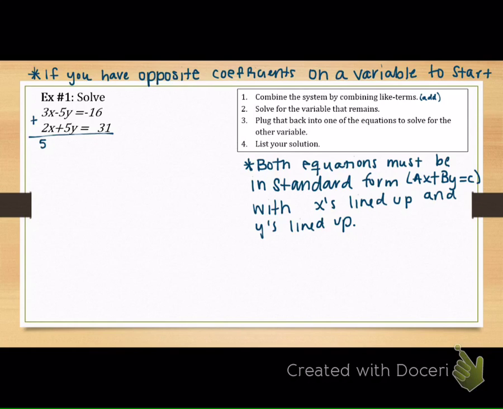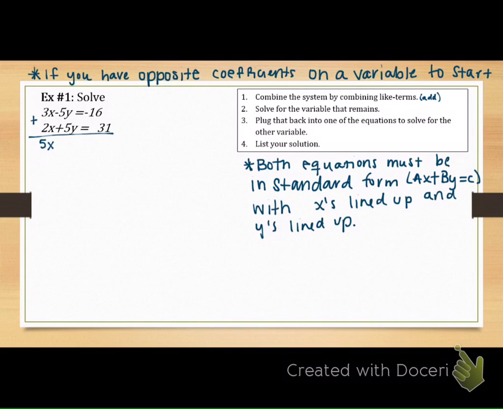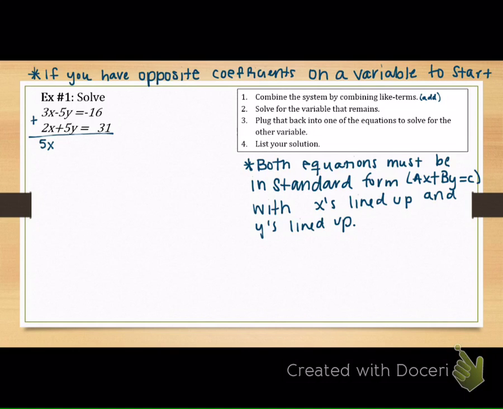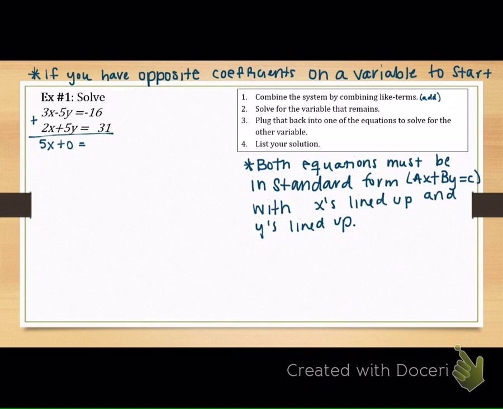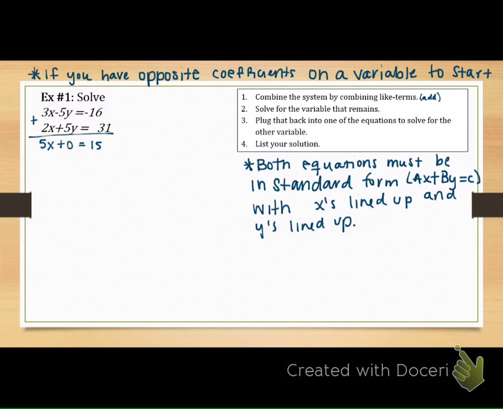Do you understand why your x's need to be lined up and your y's need to be lined up now? If I do -5y plus 5y, what do I get? So that's plus 0. And then if I do -16 plus 31, what is that? 15. So notice you now only have one variable in an equation that you can solve.